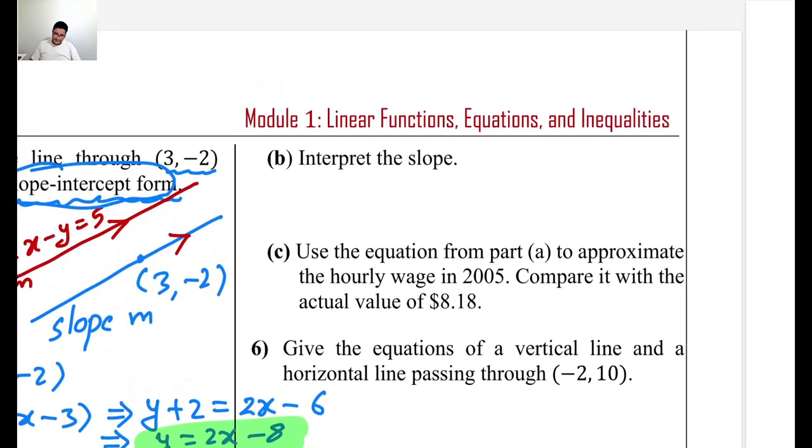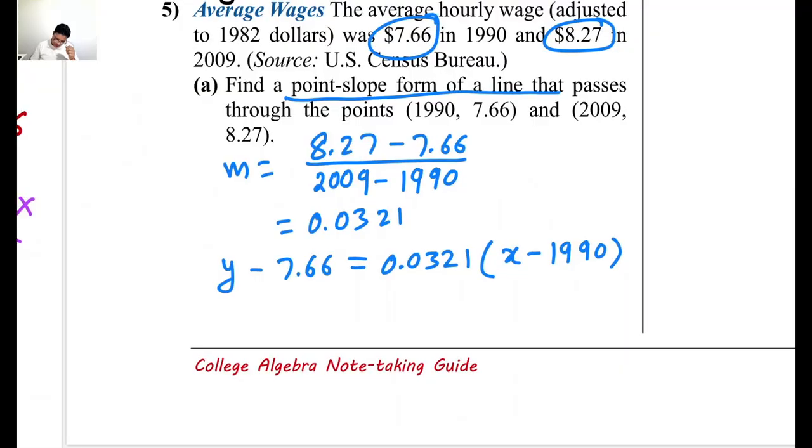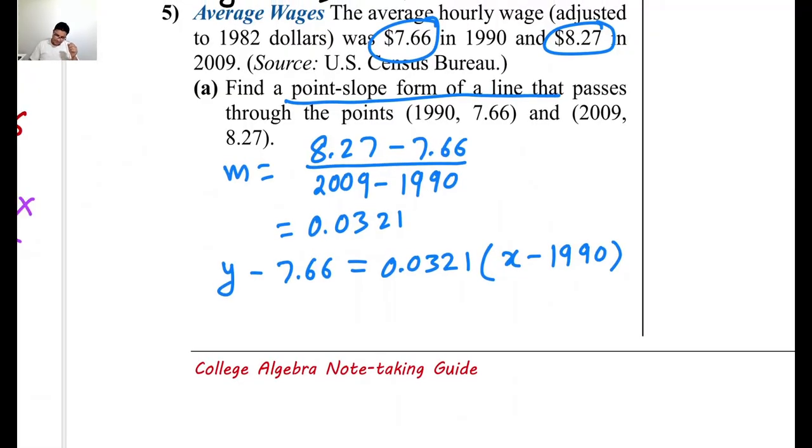What's the second part? Interpret the slope. To interpret the slope, we'll go back here and look at it. The slope is 0.0321, but what would be the unit? It would be dollars per year, right? That means the hourly wages increased on an average by 0.0321 dollars per year.